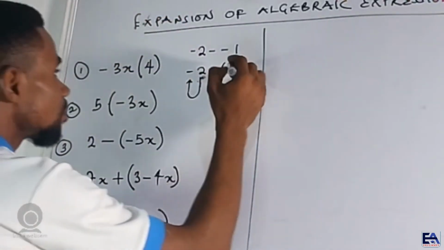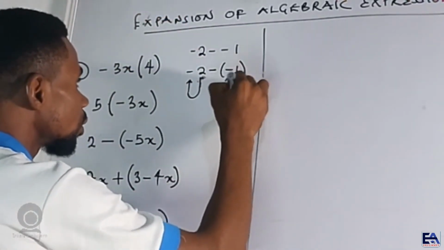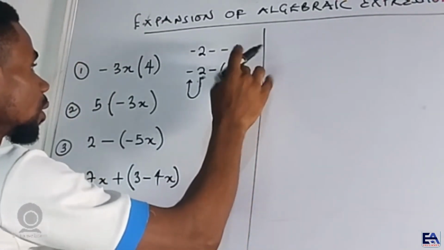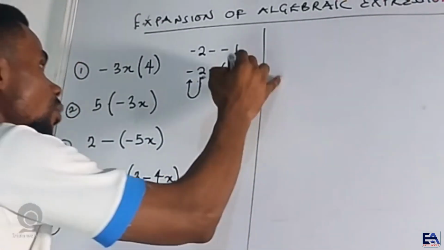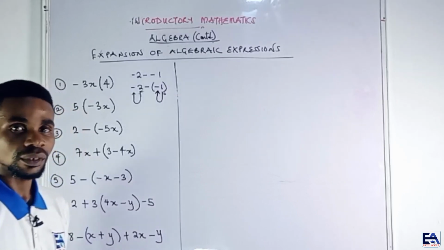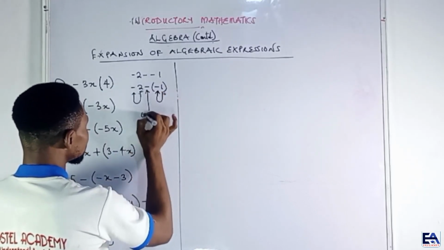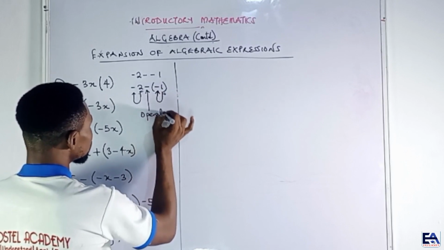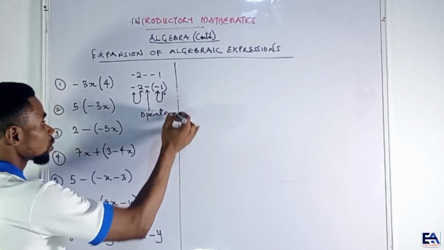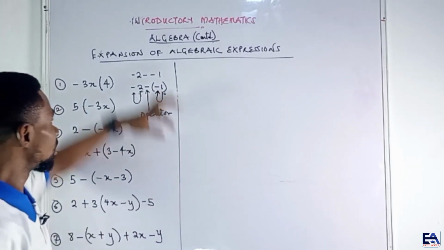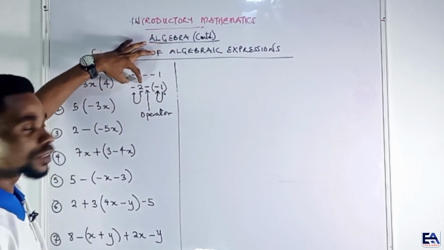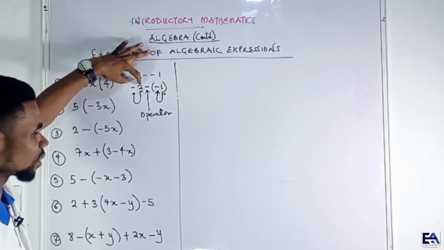And then this minus here works with this number 1 to show that 1 is a negative number. Then the minus that you have in the middle stands as an operator, just to show that you are subtracting this second term from the previous term. I believe you get that.